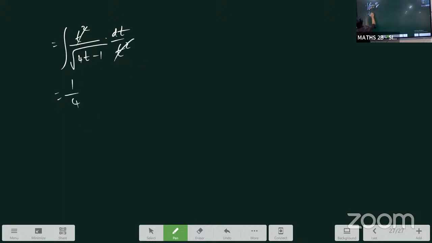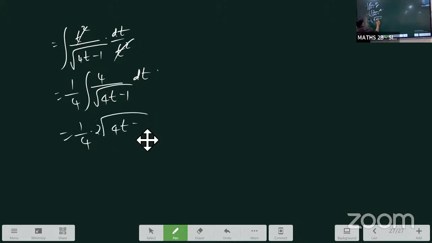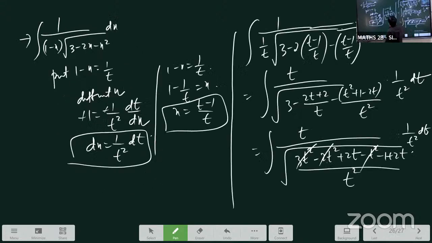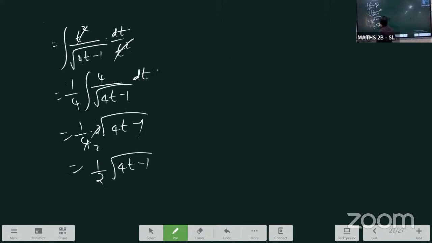Now multiply and divide with 4 again, 4t minus 1 dt, then 1 by 4, it is 2 root of 4t minus 1, that is 1 by 2 under root of 4t minus 1. But what is t I considered? 1 minus x is 1 by t, then t will be 1 by 1 minus x.